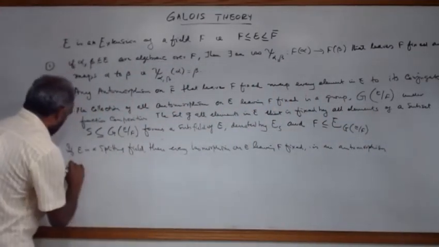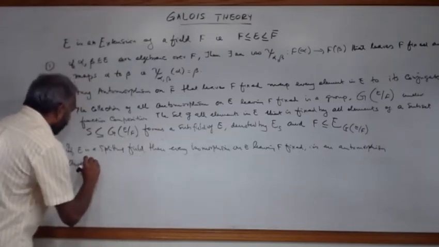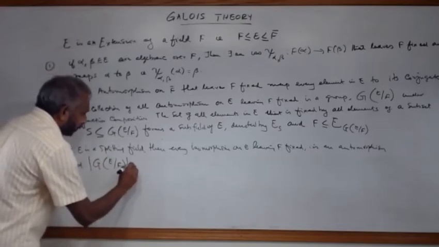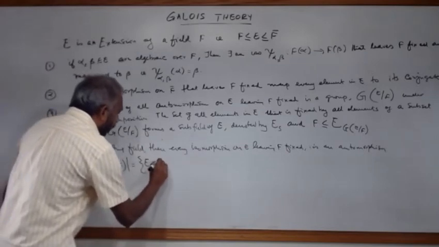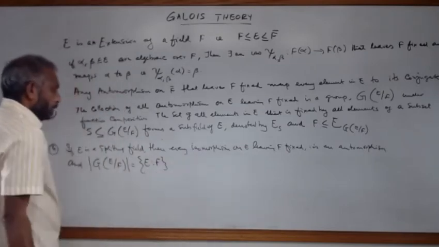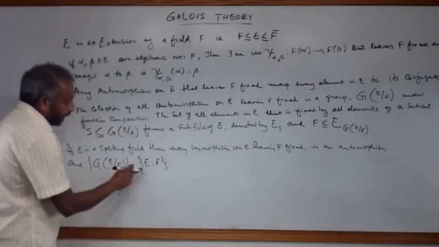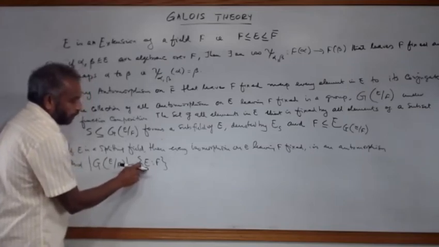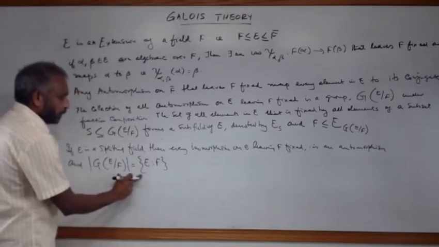And the order of the Galois group of E over F is equal to the index of E over F. This is a group of automorphisms, and this is the number of isomorphisms from E to F closure. When it's a splitting field, these two are the same.